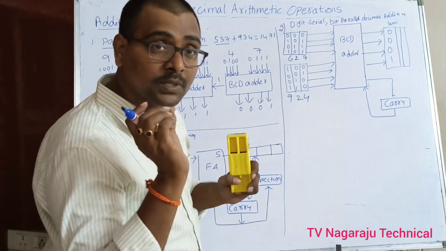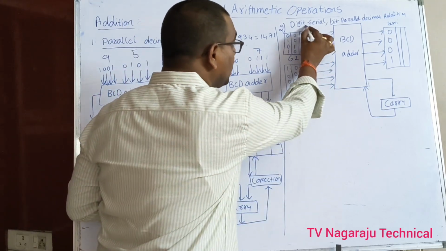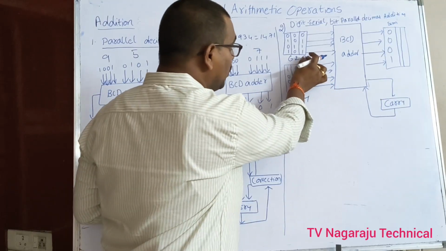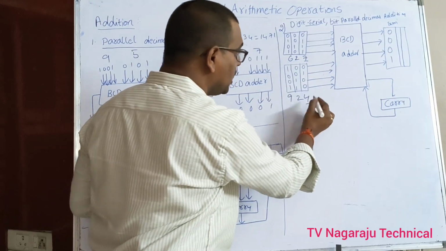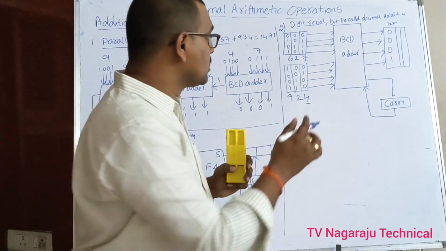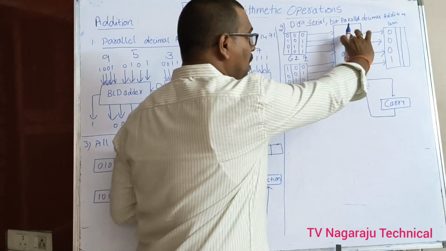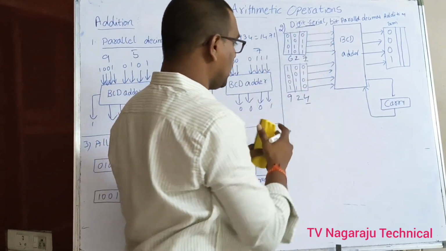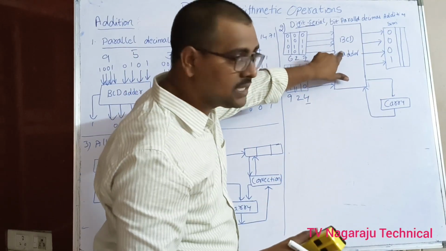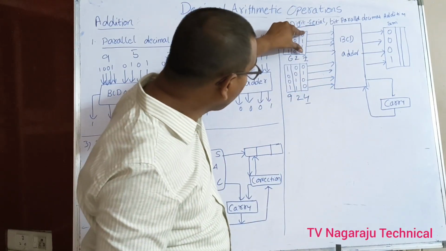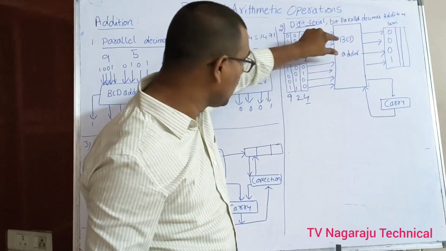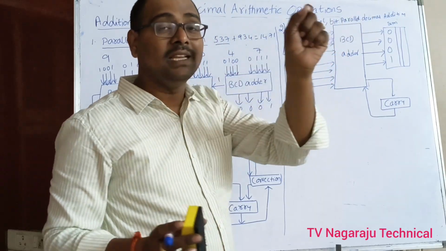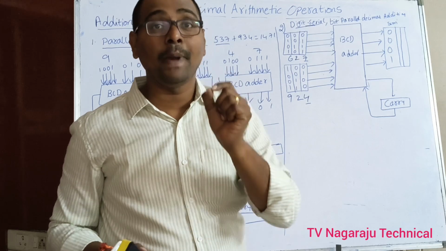Now here if you observe carefully, digit serial. First we are passing digit 1 of the augend and digit 1 of the addend. So 7 and 4 are passed to the BCD adder. That is called digit serial. Whenever you are passing the 7, all the bits of the 7 are here, all the bits of 4 are here. That is, the bits of the digit are added in parallel.